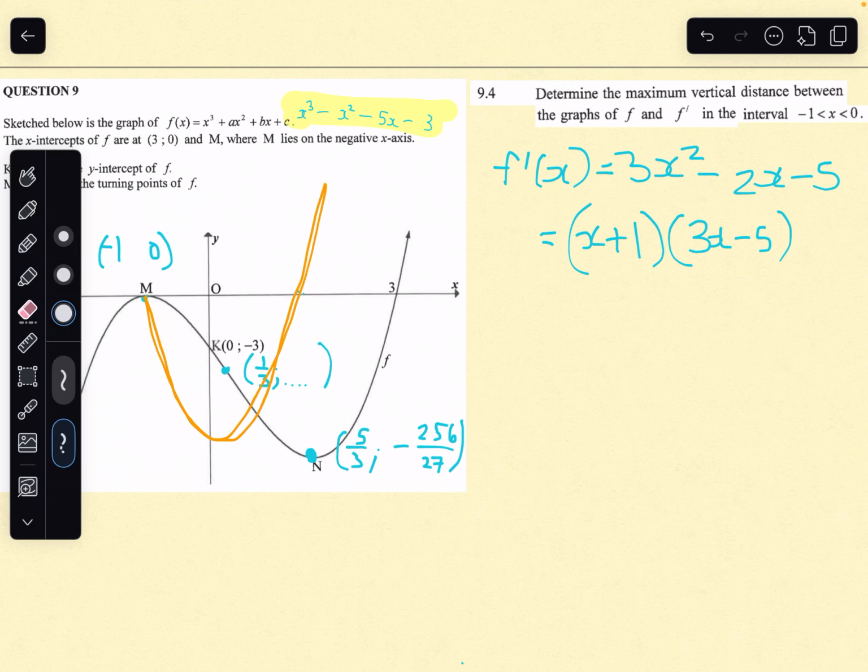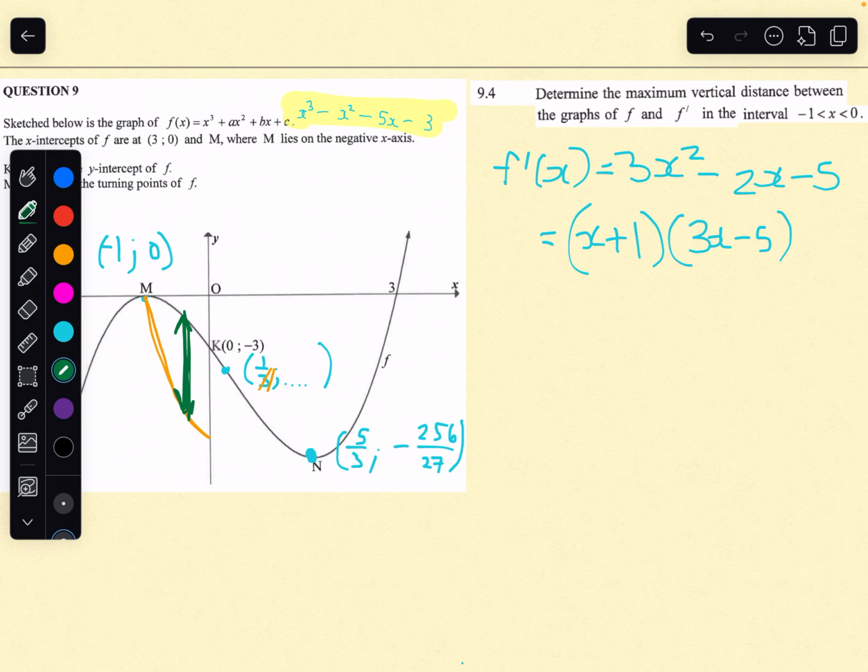I'll put it back just now, don't worry. Okay, right, so we want to find the maximum vertical distance. So maybe here by my own visual estimations. No, that doesn't look right.